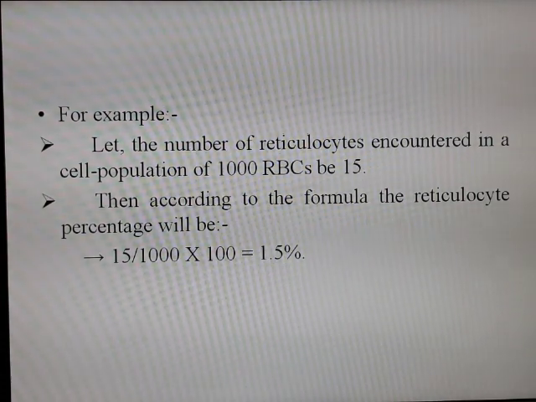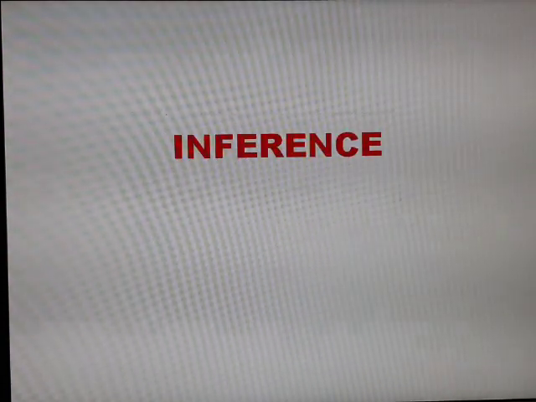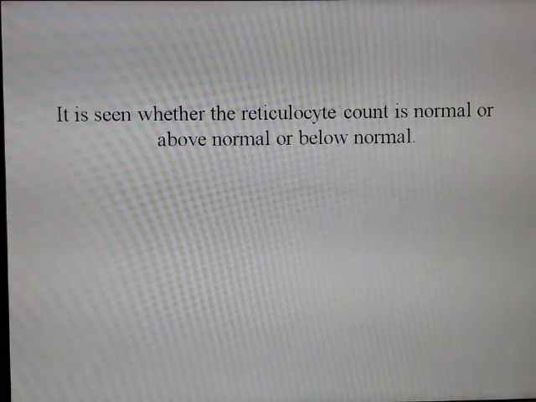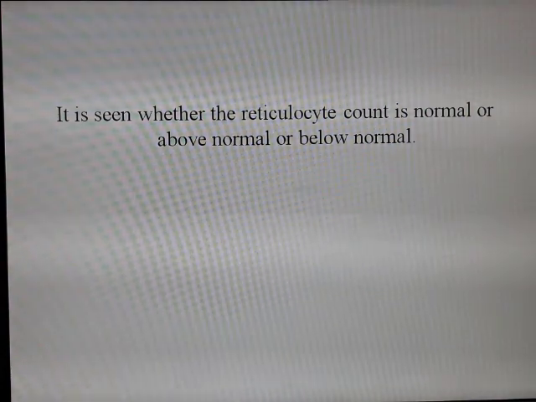Like that we can count. Now in the inference, it is seen whether the reticulocyte count is normal, above normal, or below normal. So we will give the inference, that is, whether it is within the normal limits, above the normal limits, or below the normal limits.